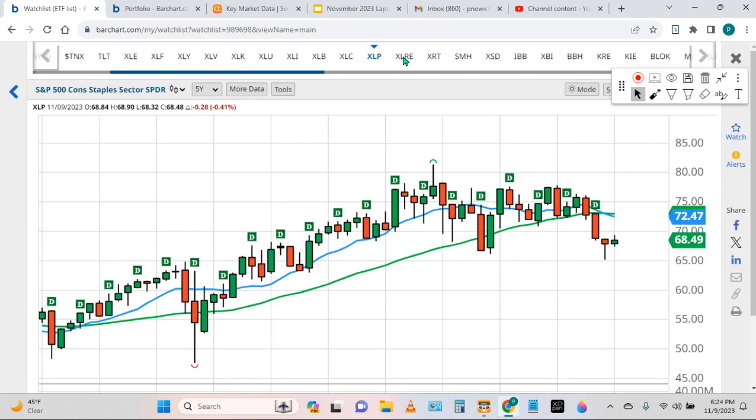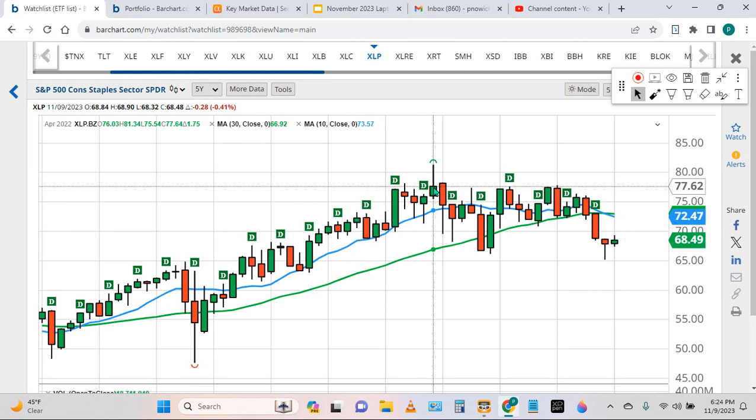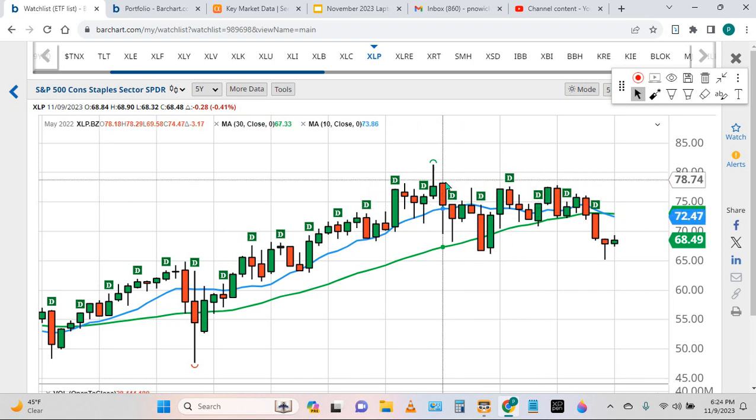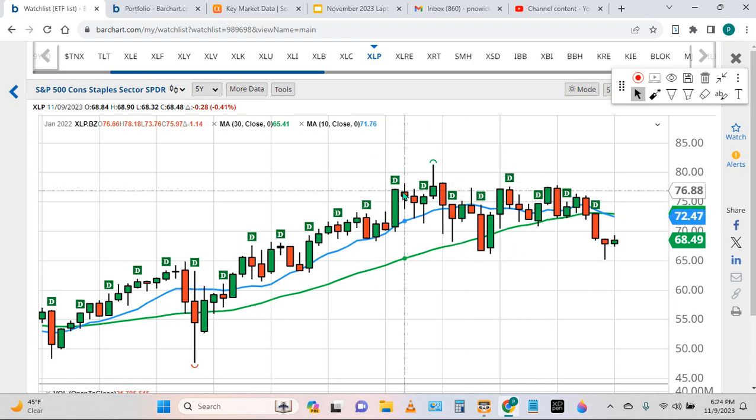So then we have consumer staples, which you would think would be doing okay because consumer staples tend to be that stable type of company like General Mills or Procter and Gamble. But this has been a really bad sector to be in for the last couple of years because you can see it.